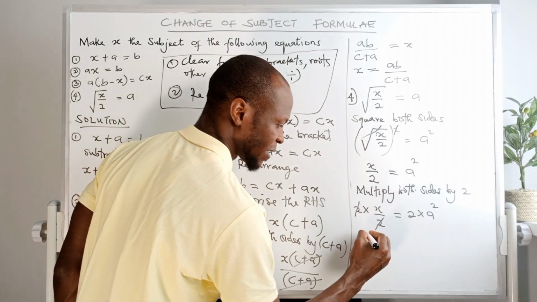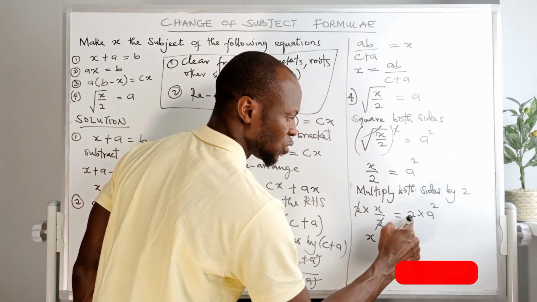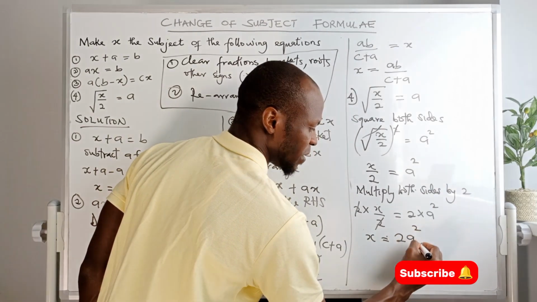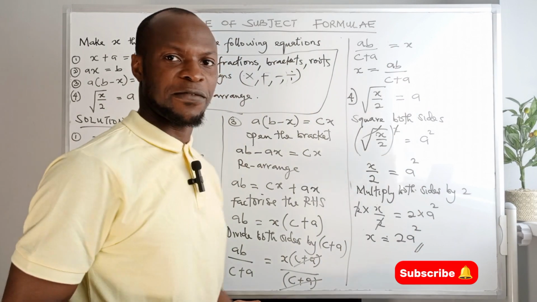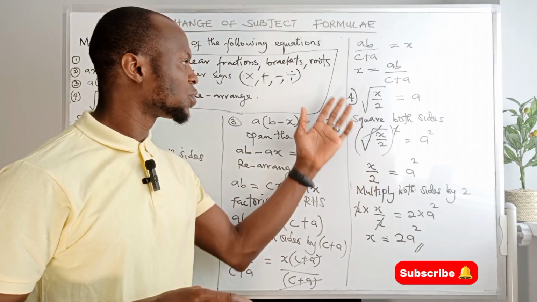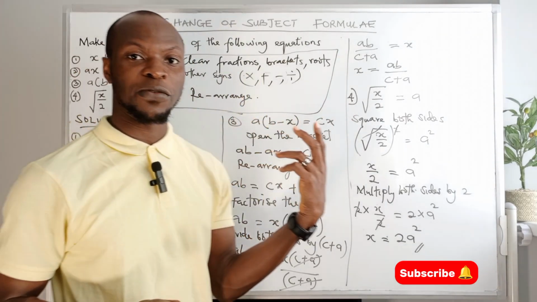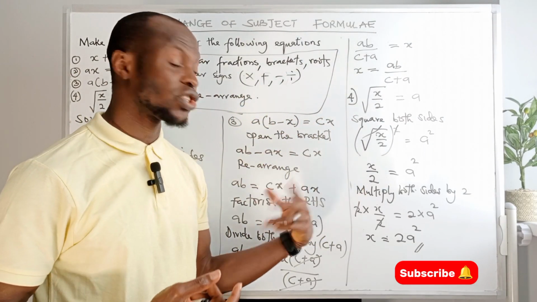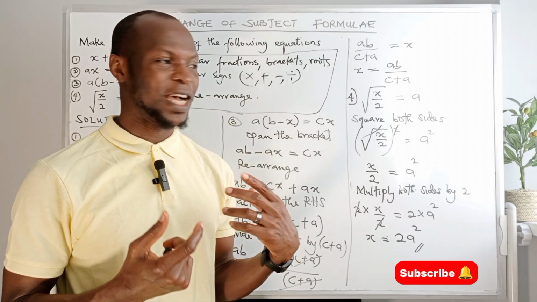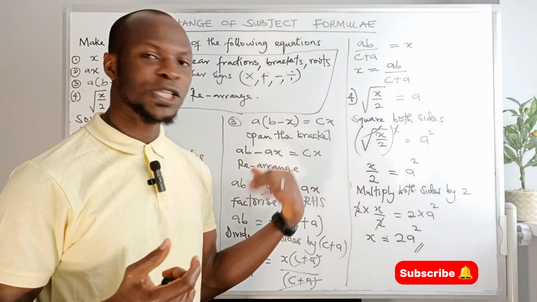So I'm left with my x equals to 2 times a squared will give me 2a squared. And that will be our final answer. These are the principles we use to solve change of subject of formula, or these are the ways we can change the subject of formula. In my coming videos, you will understand better when we expand this topic.